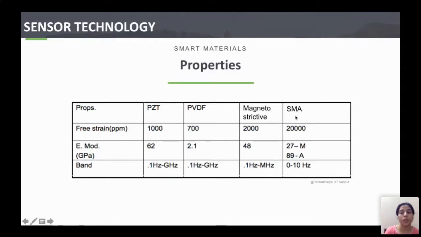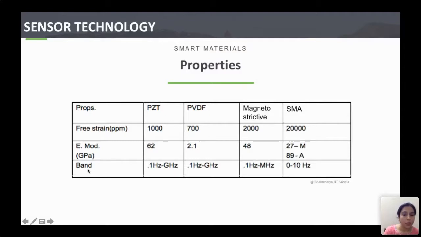So its application is more in the actuation part. Of course, the piezoelectric materials also have a very good free strain, so they also have actuation properties. And if we see the elastic modulus, all of them have comparable values except the PVDFs because they are flexible materials.